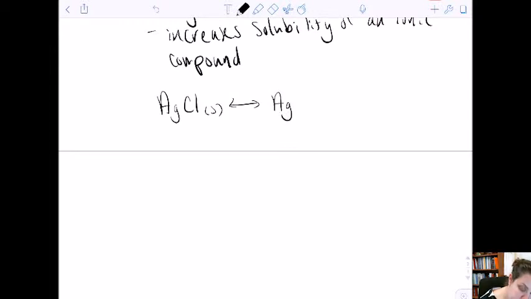Silver chloride breaks down into silver ions and chloride ions, and this process has a small KSP of 1.8 times 10 to the negative 10. So it's not a very favorable process.